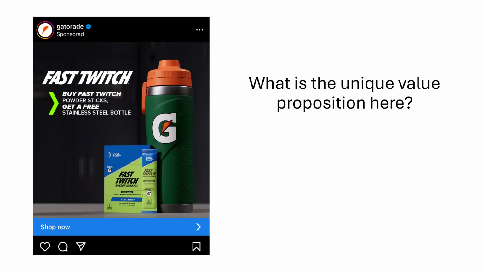There needs to be a supplement to go with it. That's where the stainless steel water bottle came in because Gatorade water bottles are held in very high esteem, both the plastic ones and the stainless steel ones. So hey, let's promote a product that we're known for that our users already like, and if we can get them to glob onto that, then we can get them to buy the Fast Twitch powder sticks.